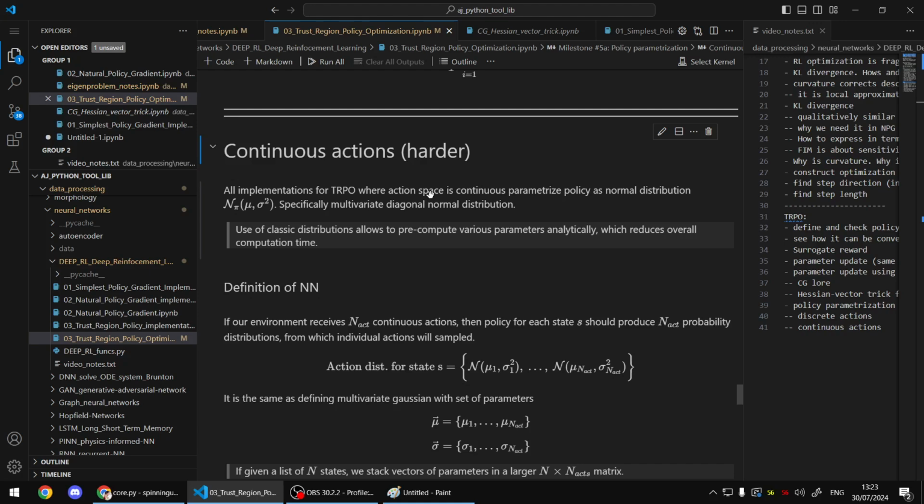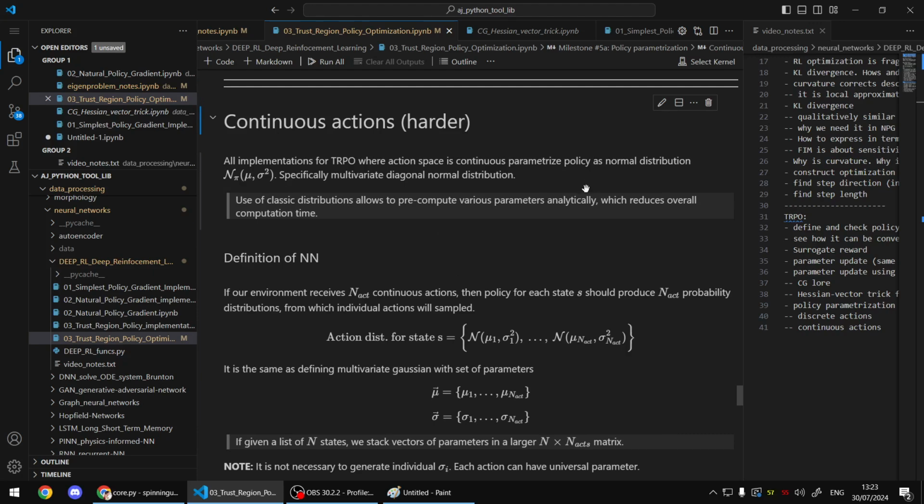Why would we want to do it? Because in most cases, like in this case of normal distributions, all the measures like divergence and such can be pre-computed analytically. That means during each iteration our program will not have to compute it because we have already done it on paper, basically.